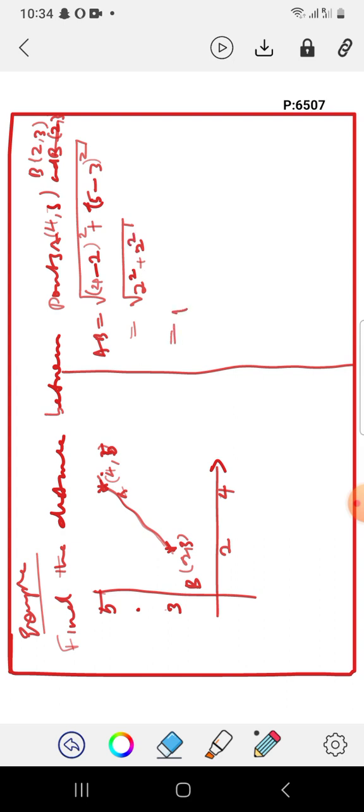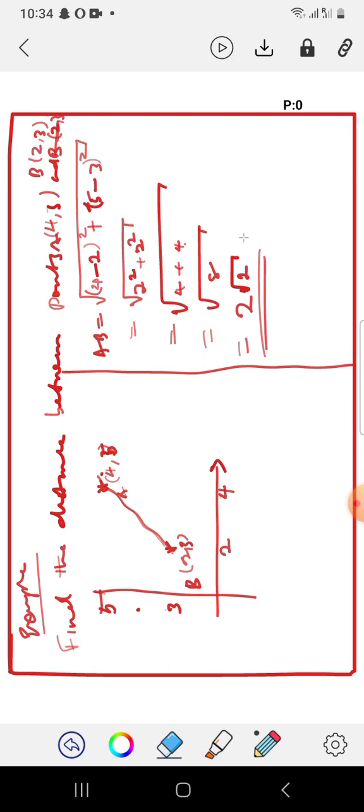So it's going to be what? 4 plus 4, which is going to give us root of 8, which is going to give us 2 root 2. So that's the units, irrespective of what the units will be.